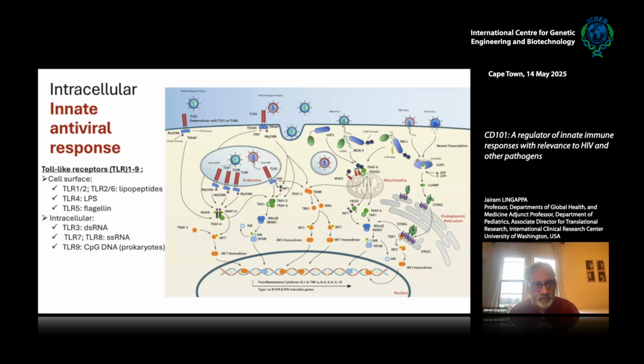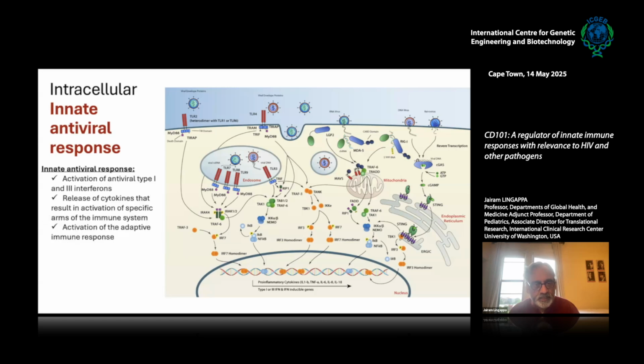TLR 3, 7, 8, and 9 are receptors in the intracellular compartment that respond to viruses and intracellular bacteria. These receptors initiate the innate antiviral response through activation of antiviral type 1 and 3 interferons, release of cytokines, and then eventually activation of the adaptive immune response.